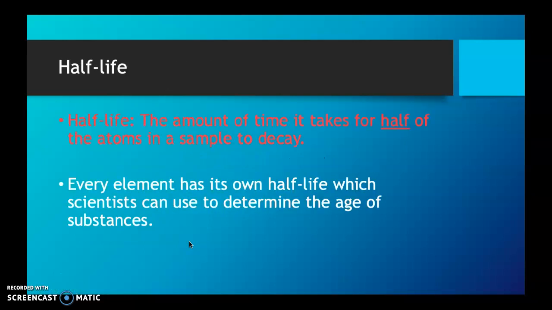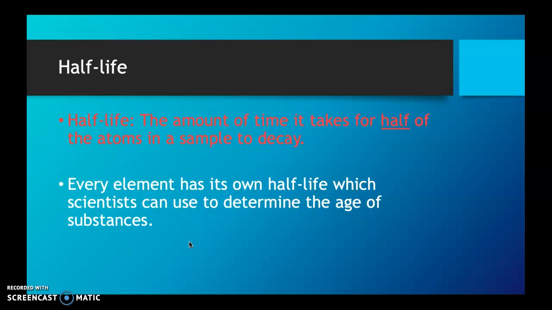Okay, last little bit. Half-life. So radioactive elements, you can have a sample and they undergo decay, and every element has its own particular half-life. A half-life is the time it takes for half of the atoms of a sample to decay, to undergo either alpha or beta decay.